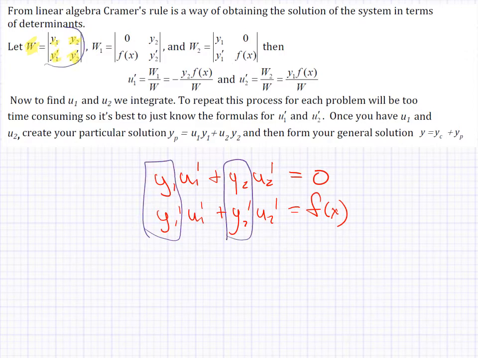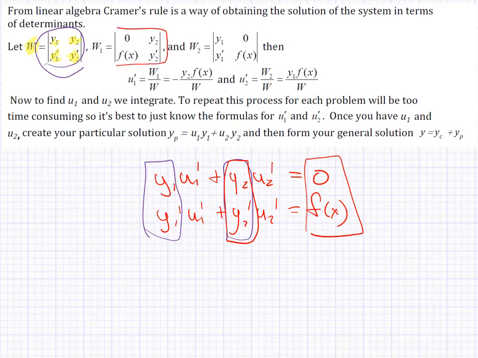That's going to create our first determinant. Then what we do is we take this piece here and the y2s here, and we create our next determinant. And then finally, we take this piece and we take the y1s and we create our last determinant. So we're going to call these W, W1, and W2.